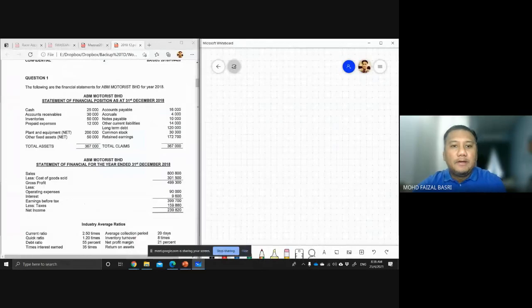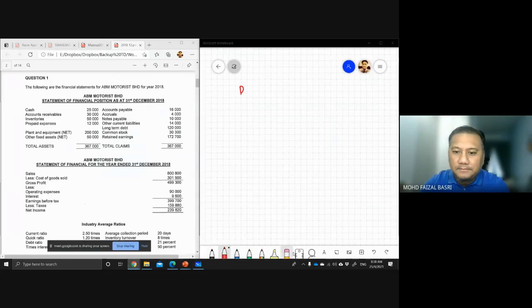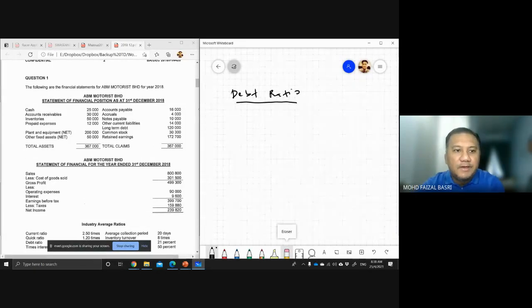Anyway, so now you're gonna calculate the debt ratios. Okay, debt ratio. So for the ABM Motorists, we have the total debt.